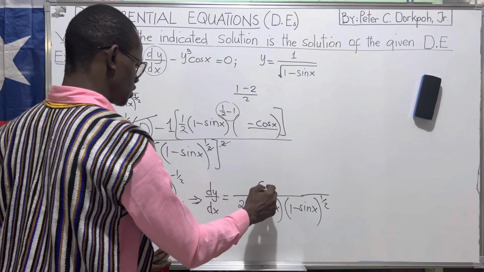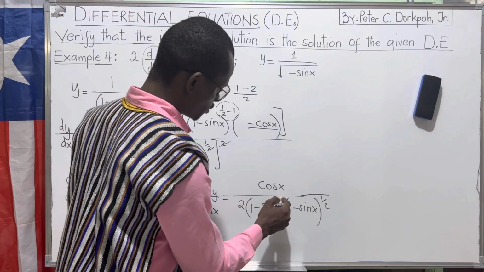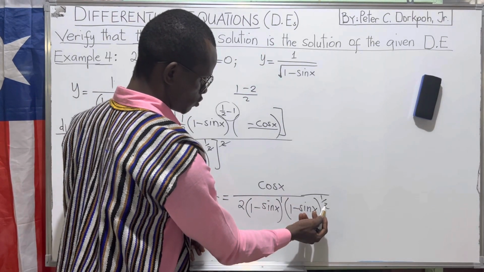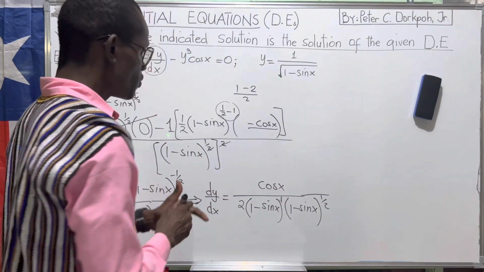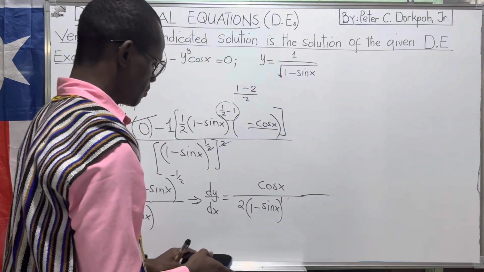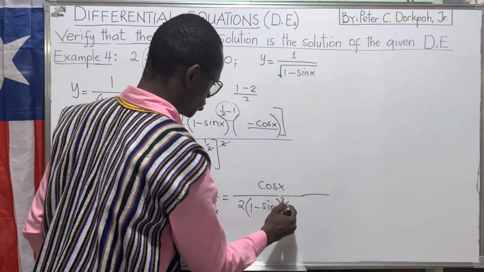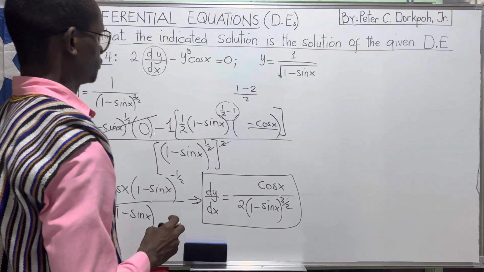And the numerator is just cos of x. Now what do you observe here? This power is 1, this power is 1 over 2, so we can add the two of them. So 2 times 1 is 2, 2 plus 1 is 3, so I can just rewrite it, thereby saying 3 over 2. So this is our first derivative.